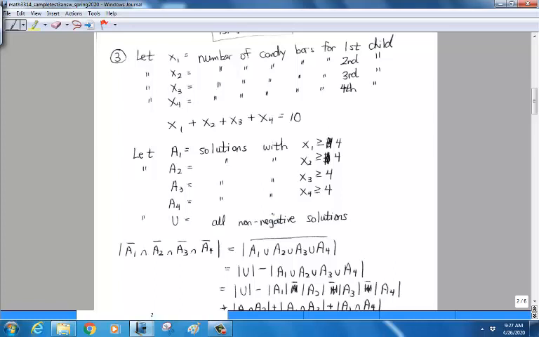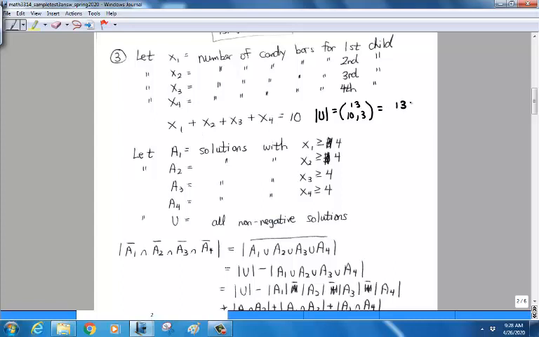And again, I'm going to call U the set of all solutions to this equation, so all non-negative solutions. That's easy to count because we've been talking about it for several weeks. This is going to be 13 choose 3. So the set U, the set of all solutions without any restrictions except that the variables are non-negative, is equal to this number.